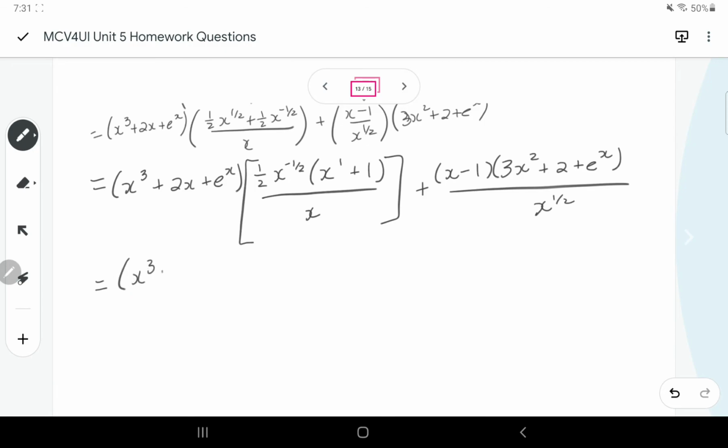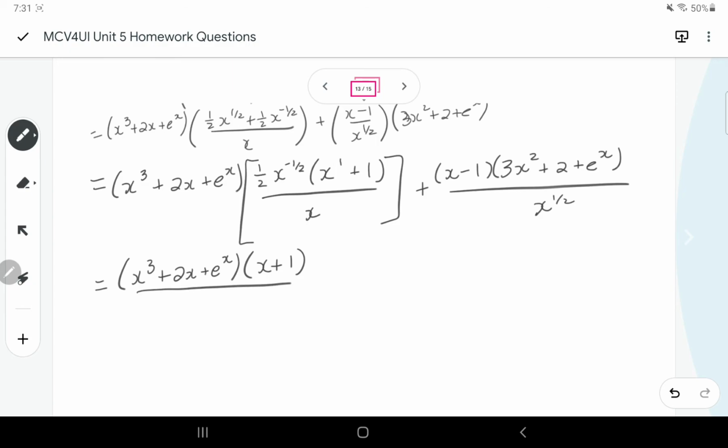So here, x cubed plus 2x plus e to the x times x plus 1, just making sure that that shouldn't be a minus. Okay, times x plus 1 there.